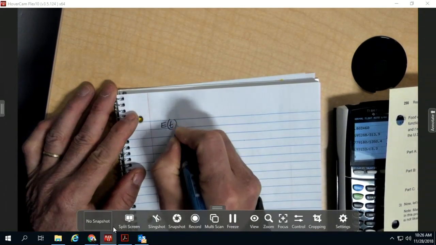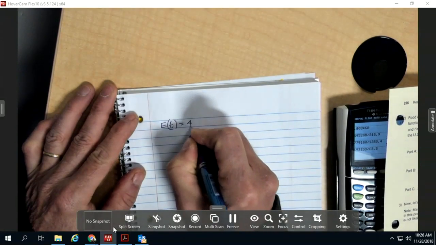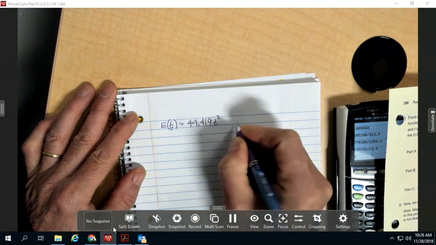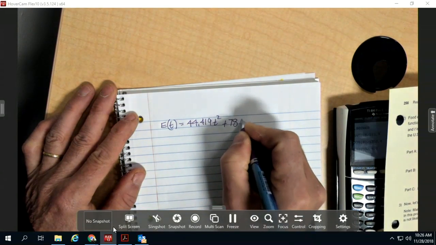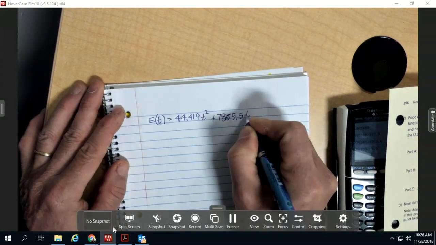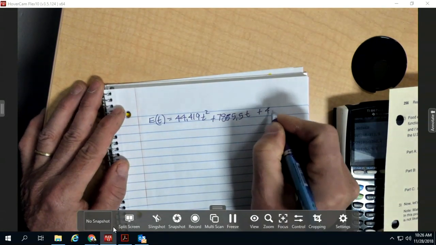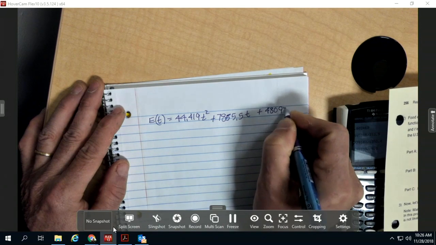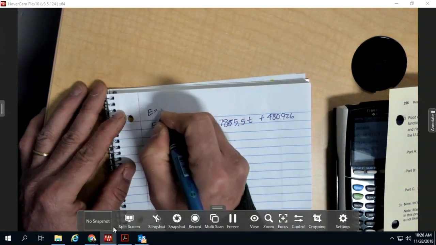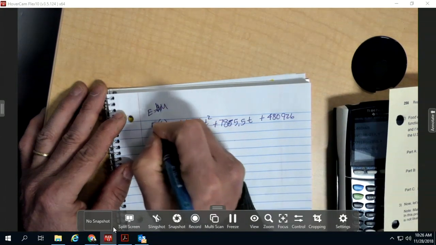Expenditures as a function of time is 44.419 t squared plus 7855.5 t plus 480926. E is in millions of dollars.